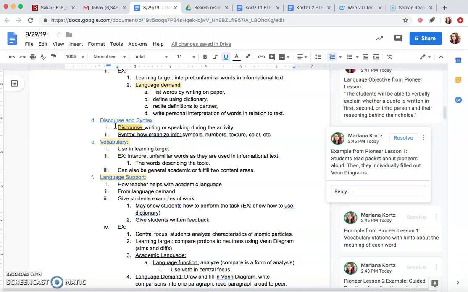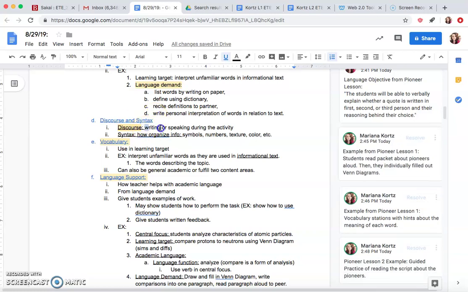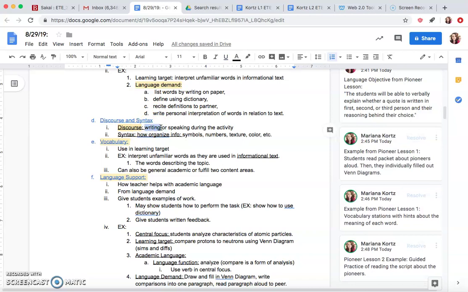And in my lesson, the students read a packet aloud as a group, and then they went and individually filled out Venn diagrams comparing their lives to the lives of the pioneers. And I believe that this lesson showed discourse very well because it included writing as the students filled out the Venn diagram and speaking as they read it out loud and they heard those auditory words to help them understand what was being read.